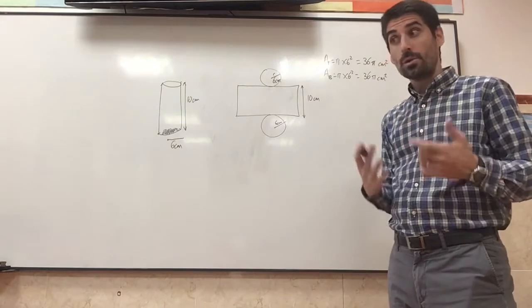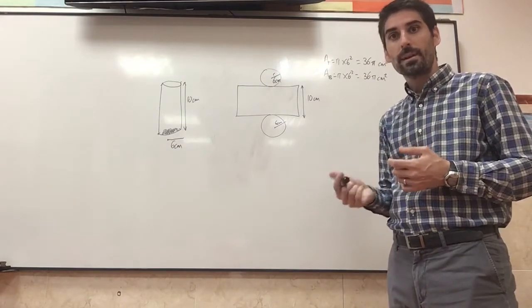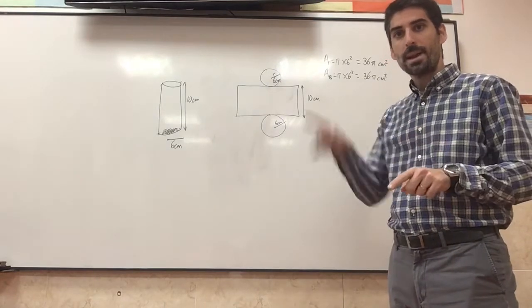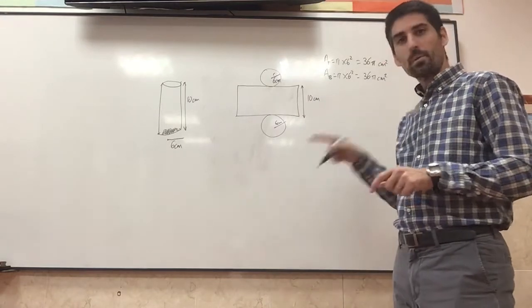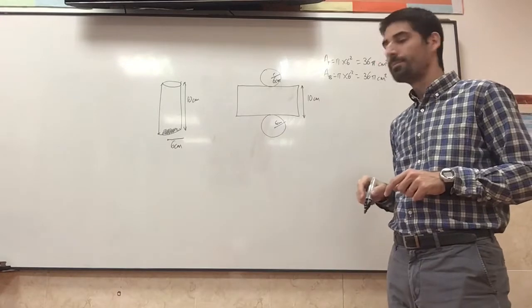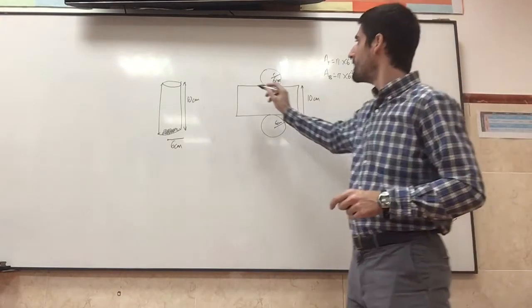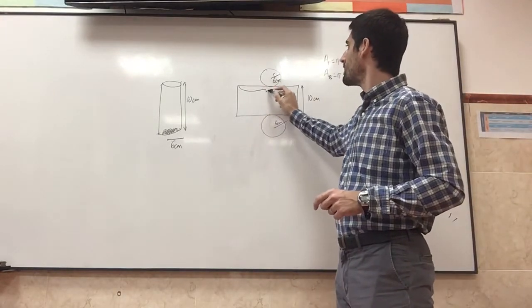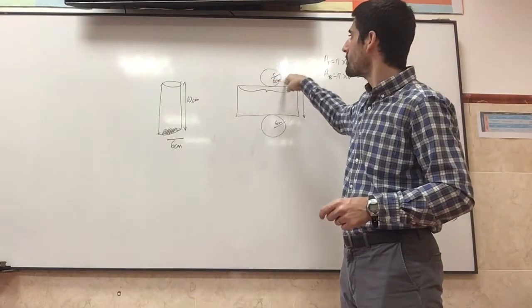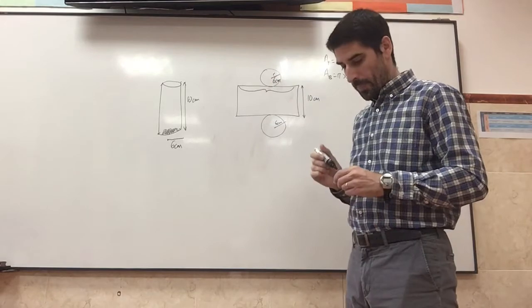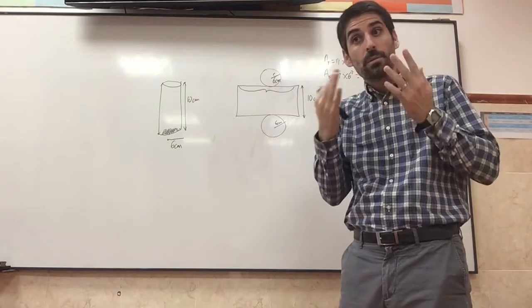Alright, now I've got to worry, because the problem is I've got the rectangular body of the tin. Now we should all know that the area of a rectangle is the base times the height. Well, I know the height is 10, but what's the base? What's the length of the rectangle? If you think about it, this length is equal to the circumference of the circle. Let me illustrate this with a piece of paper.